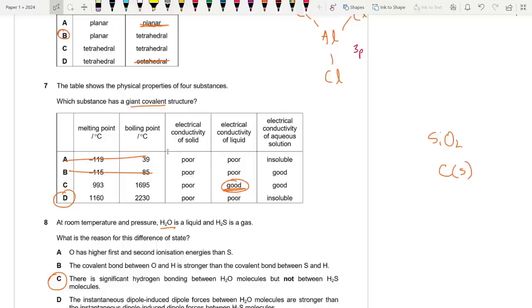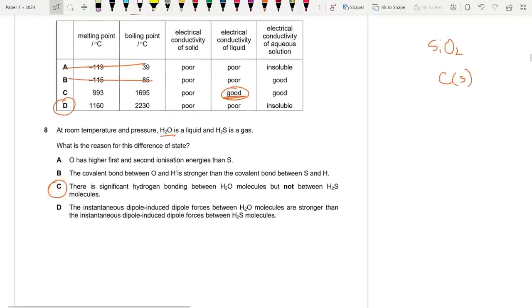But giant structures cannot conduct electricity that well in liquid form, and they are actually insoluble in water, like SiO2, silicon dioxide, yeah, sand.